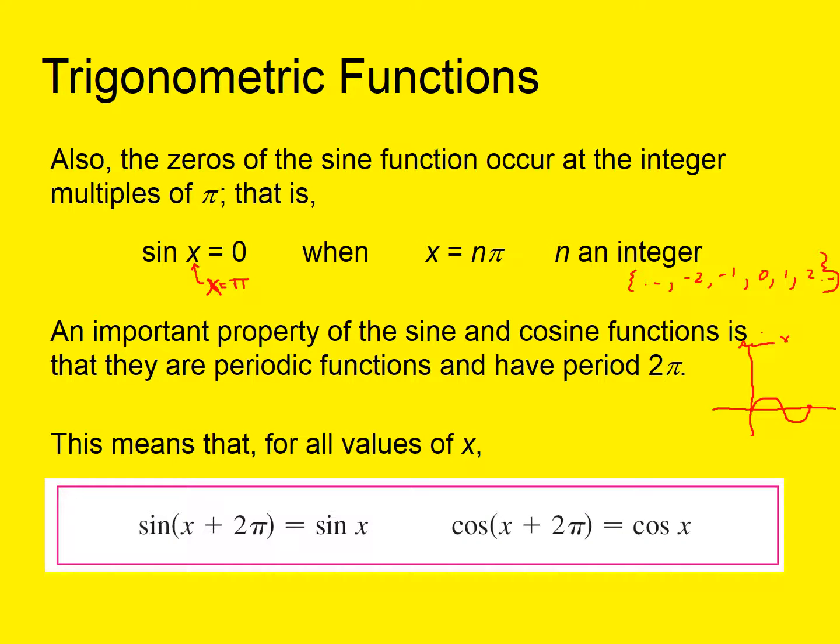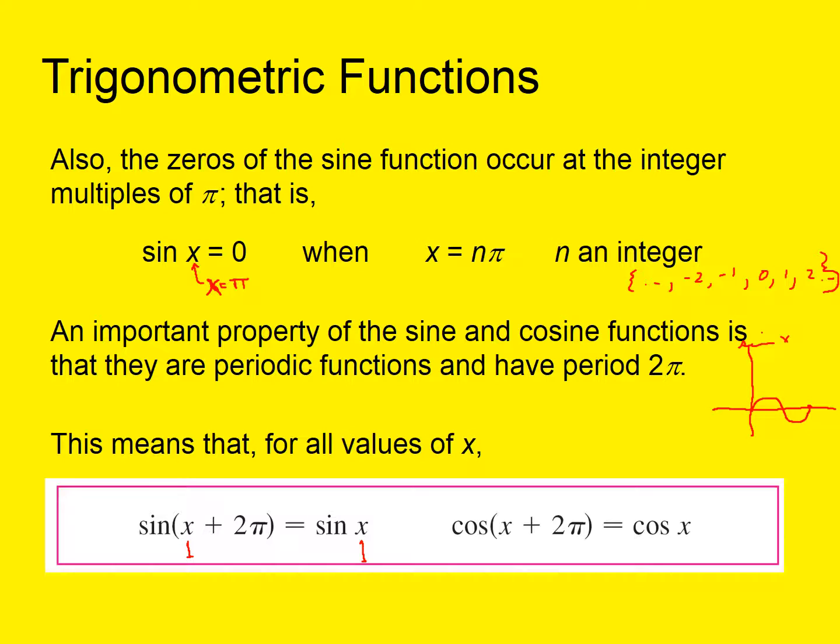So periodicity, as applied to the sine and cosine functions, means that for all values of x, sine of x plus 2 pi is the same thing as sine of x. You can take any number at all, like 1. Let x be 1. The sine of 2 pi plus 1, whatever it is, is going to be the same as sine 1 because of the periodicity of the function.